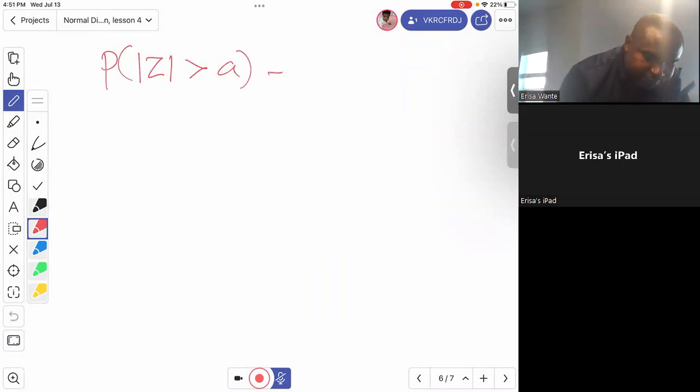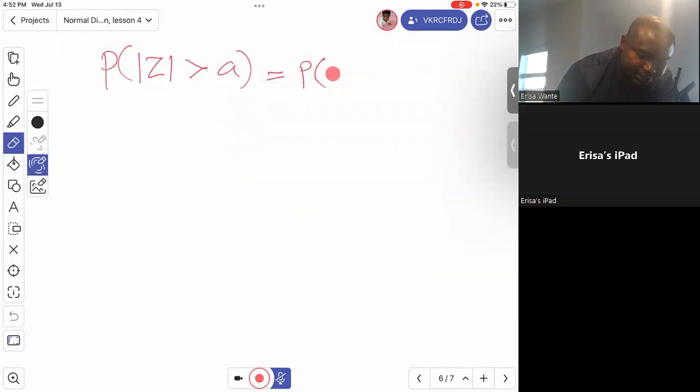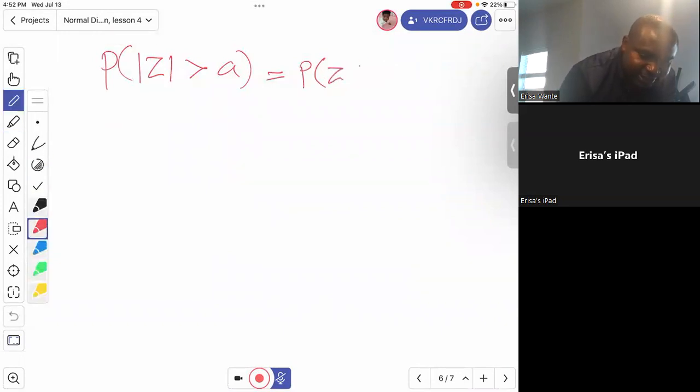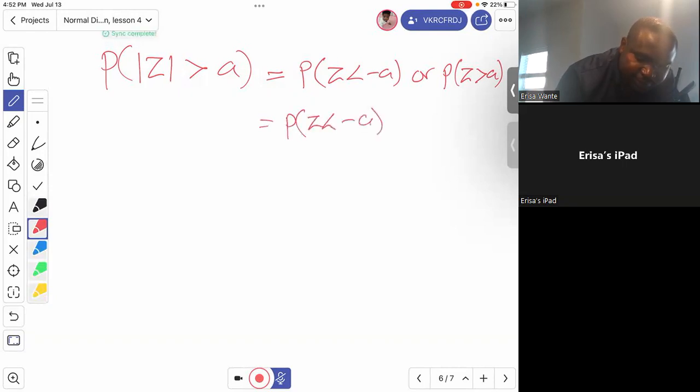The interpretation is the probability of Z less than negative A, or the probability of Z more than A. So there are two areas here. What we do is get the probability of Z less than minus A and add it to the probability of Z more than A.